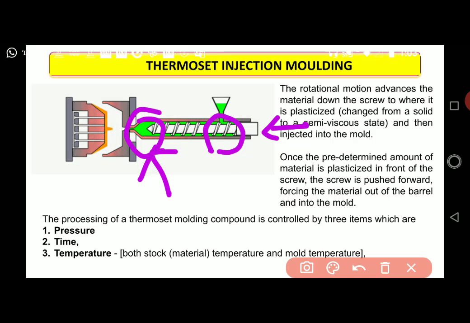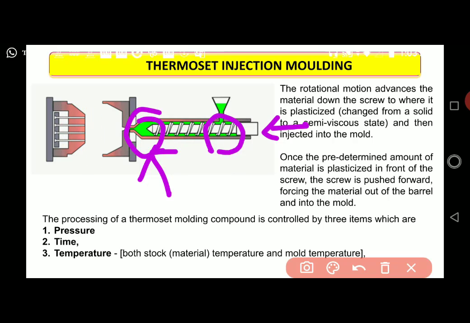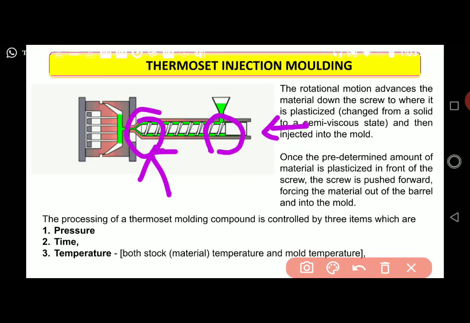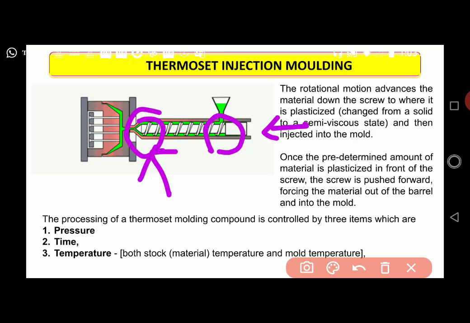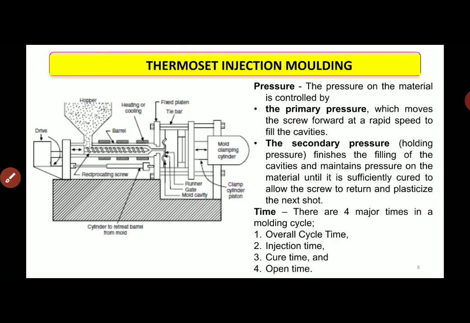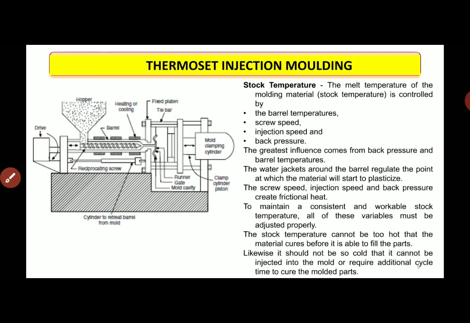Normally, three processing parameters of the molding compound are controlled, which are pressure, time, temperature. First, stock temperature.